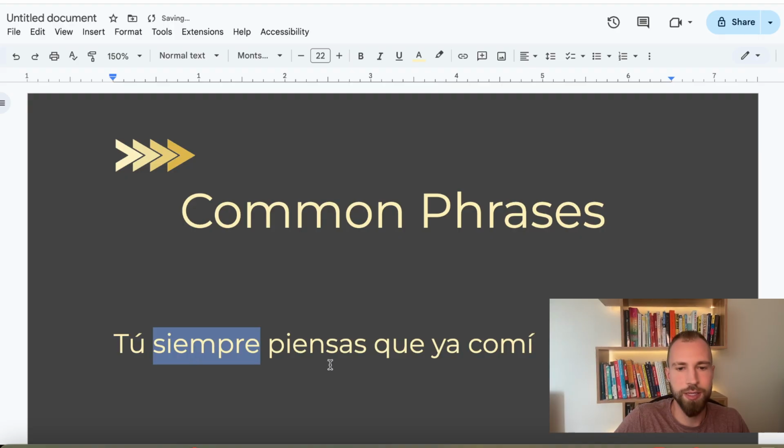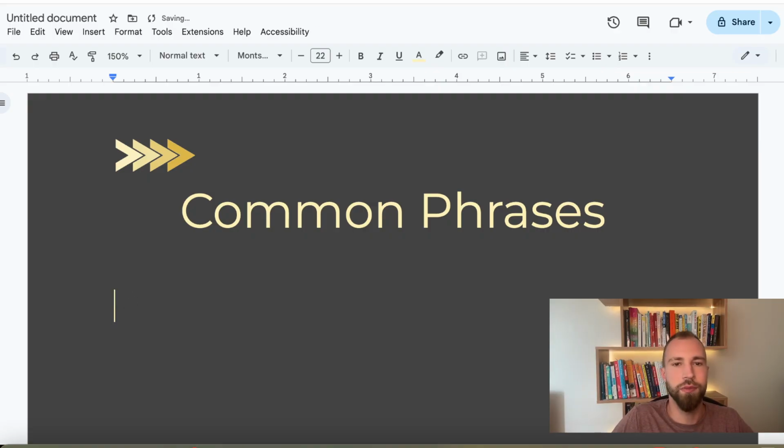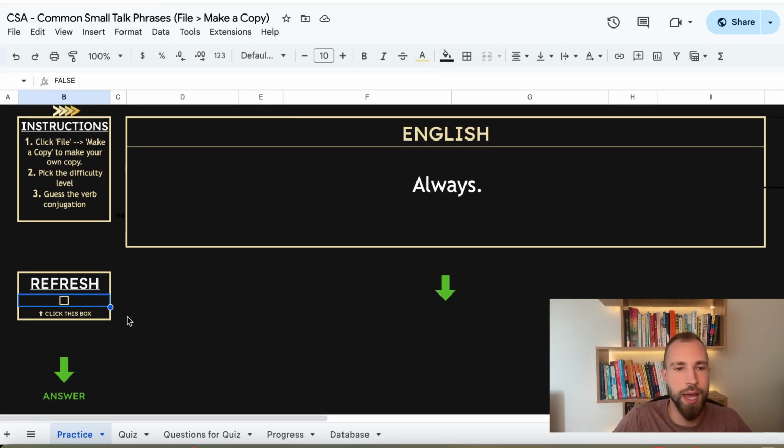You always think, remember that from the what do you think? ¿Qué piensas? So tú piensas, tú siempre piensas, you always think that already I ate. Really, that means you always think I already ate. It's a completely random phrase, but I'm just trying to combine stuff so that we can actually use it and build off of what we're learning here.